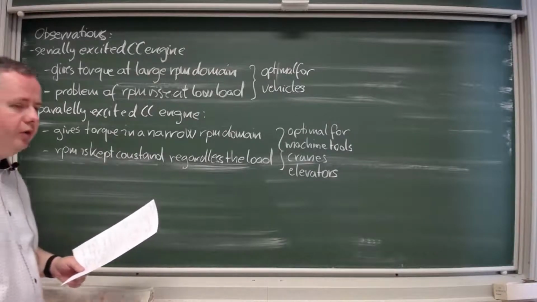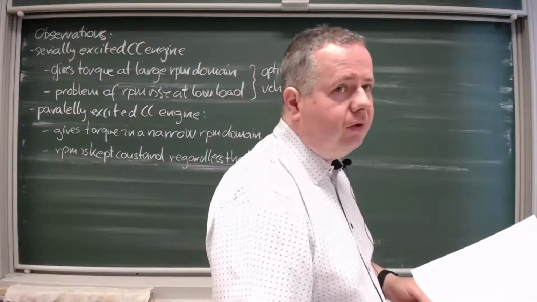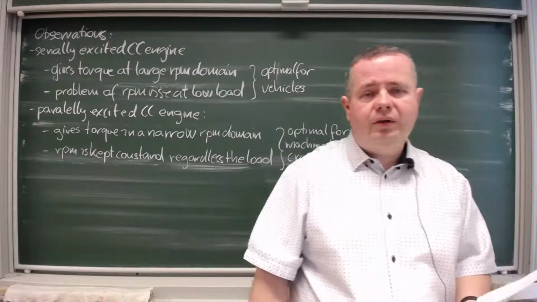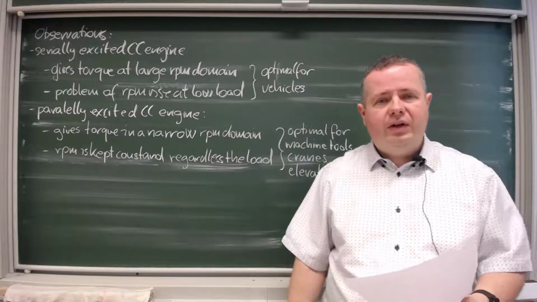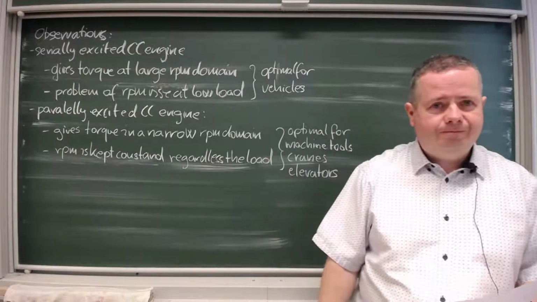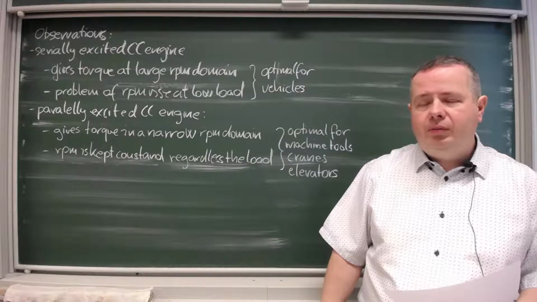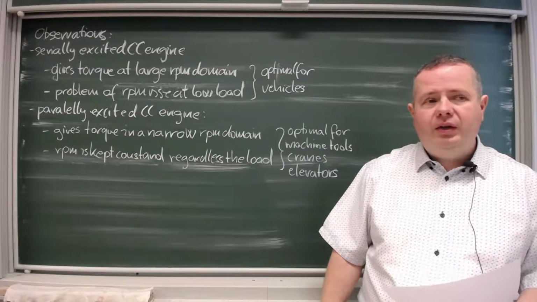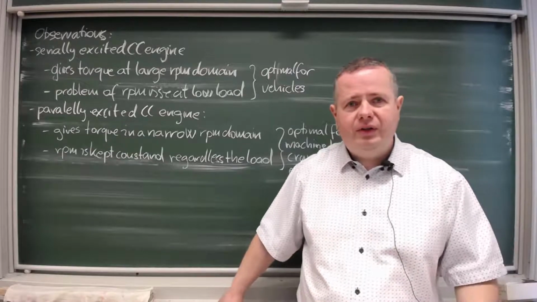So the first tramways and the first trolleybuses were using a continuous current serially excited engine. In Europe here, we got our tramway, the 4 and 6 tramway in Budapest, line 4 and 6.